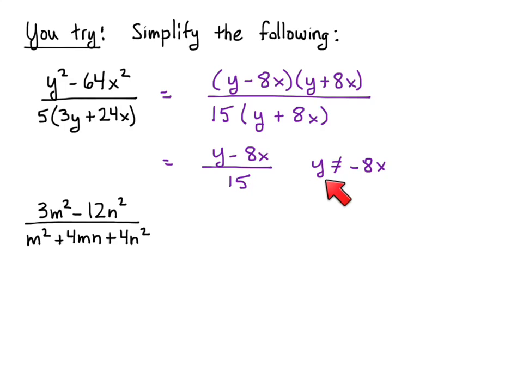And so what we have to say here is that this expression, y plus 8x, should not equal 0. So if we make that equal to 0, we'll find that y equals negative 8x, and you put the does not equal sign because you're making the restriction. Okay, everybody follow that? Hopefully you got that.